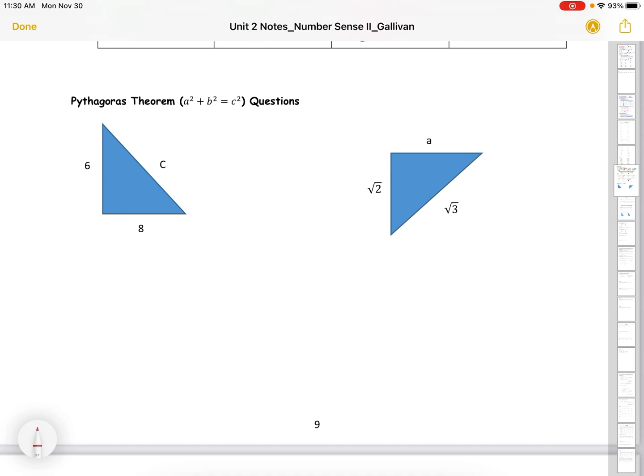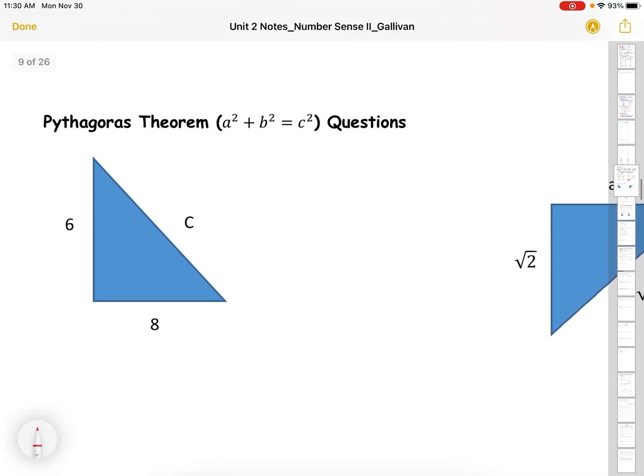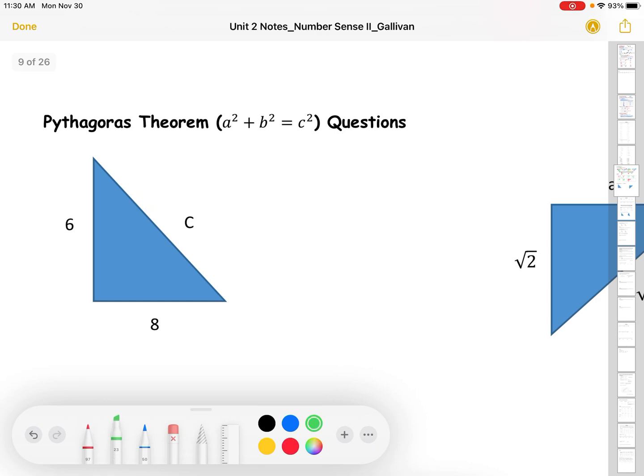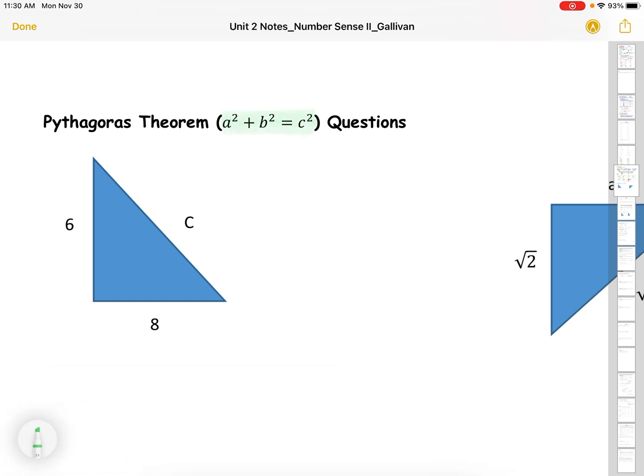Now, we also use the Pythagorean Theorem a lot when we're talking about square roots because of the nature of the formula. So let's just talk about the Pythagorean Theorem, okay?